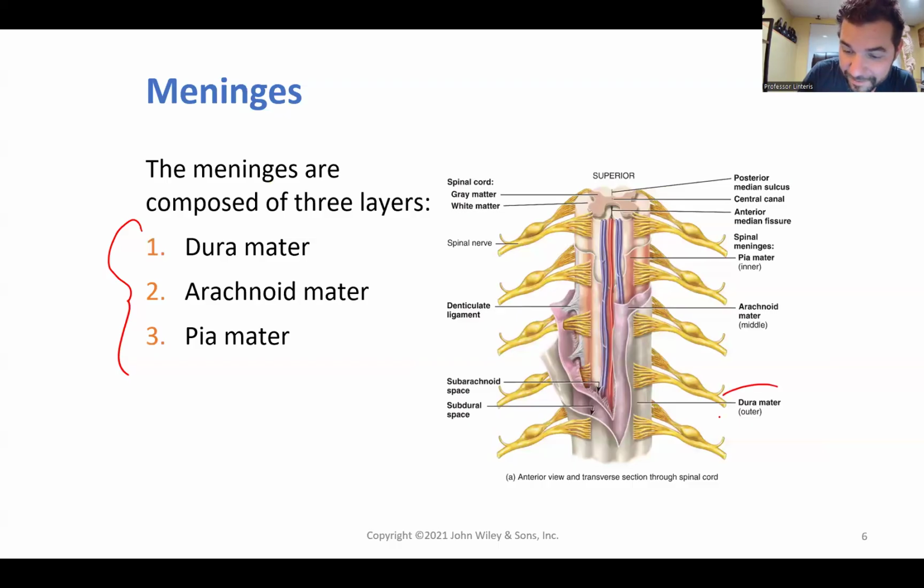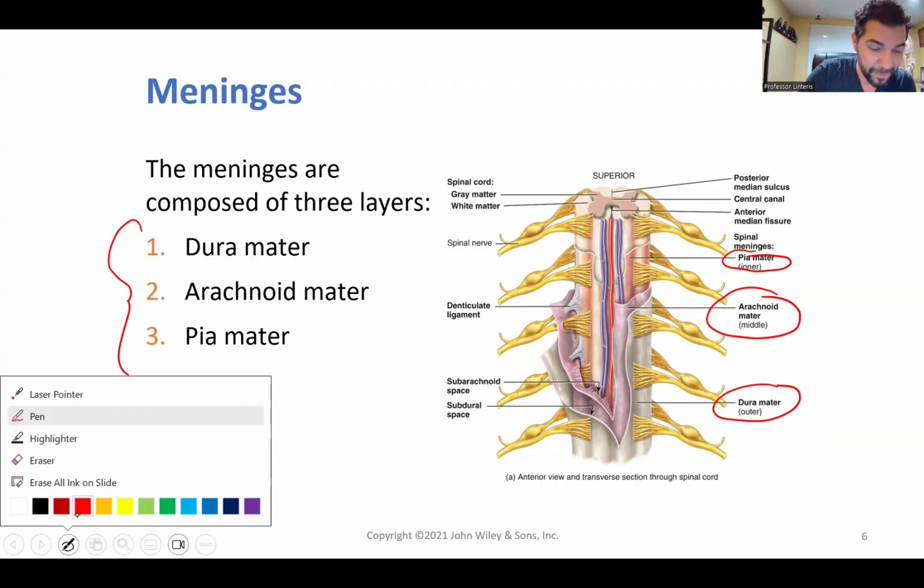We can see here the dura mater is the outermost layer, pretty thick. Outside of that, which you can't really see on this picture, we have an epidural space that we'll highlight more in lab. Then as you move in, you have the arachnoid mater, the middle layer, and then the pia mater.